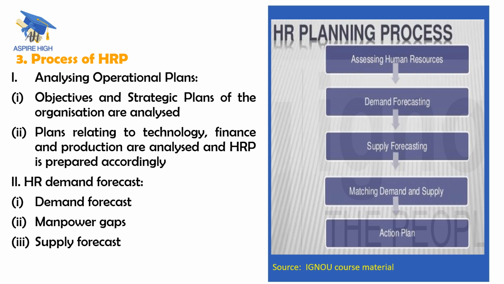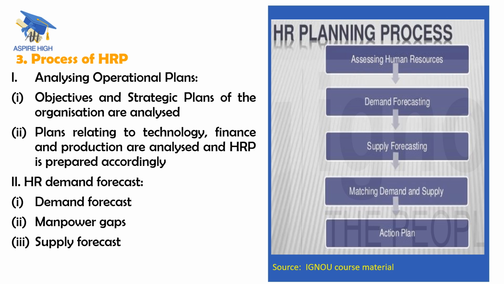The technology plan, the finance plan, the production plan, all these are to be analyzed. Based on that, we will have an idea of the related manpower requirement, and accordingly the HRP is to be prepared. So please understand that this is the basic step, the first step in the process of HRP.